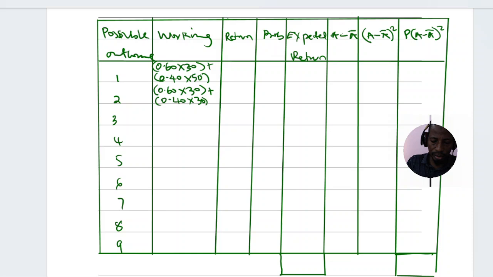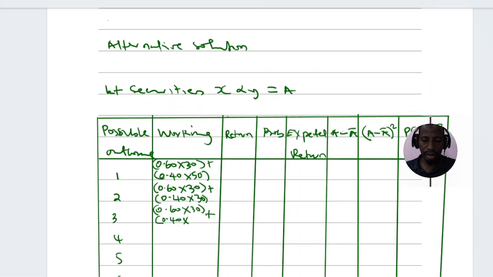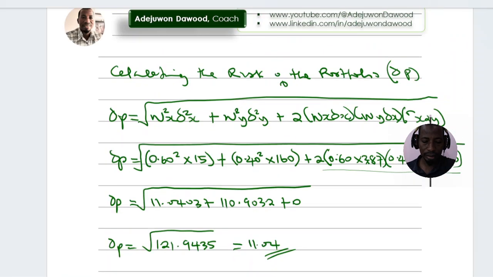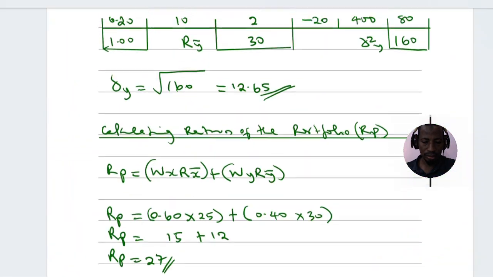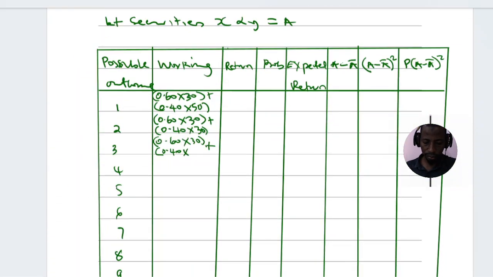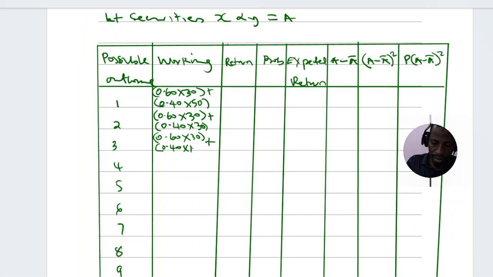Then 0.60 multiplied by 30 plus 0.40 multiplied by the return of security Y at the last probability, which is 10. Multiplied by 10. Okay, so that's that.